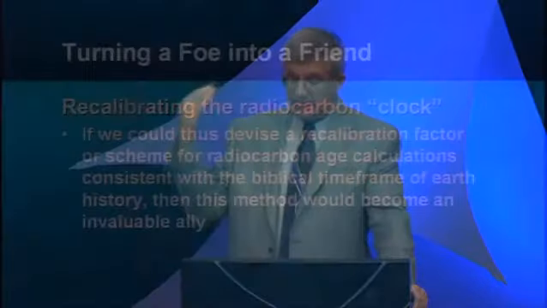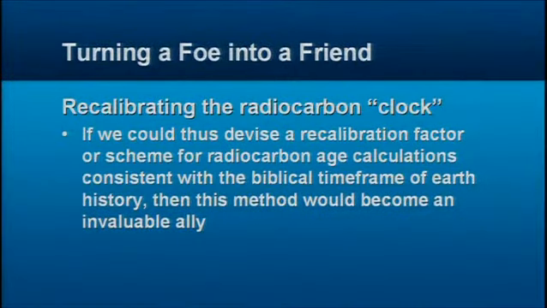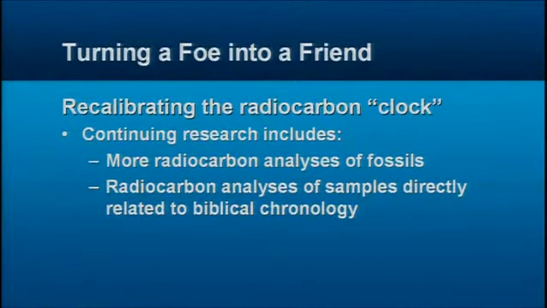So if we can devise a recalibration factor, then we can use radiocarbon to more accurately determine ages of rocks and archaeological artefacts to match the biblical timescale, and it would become our friend and ally. So more research is currently being done on radiocarbon, including samples directly related to the biblical chronology.